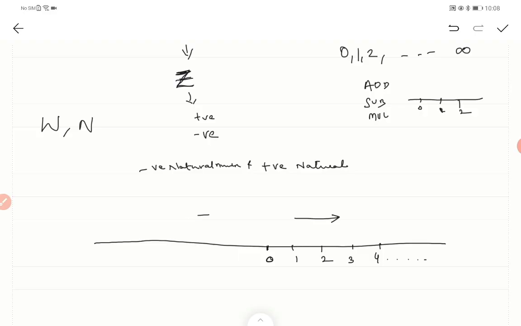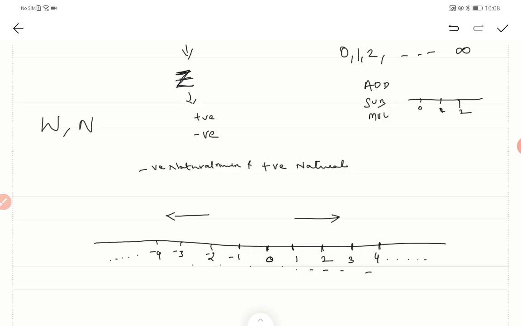On the left hand side you will have the negative numbers of all these positive numbers, that is -1, -2, -3, -4, and so on. The distance between each point is again the unit distance. It should be the same for all.